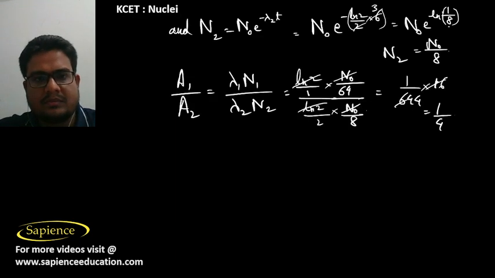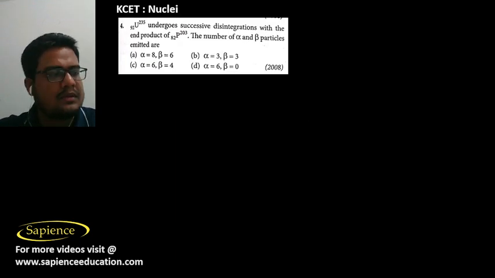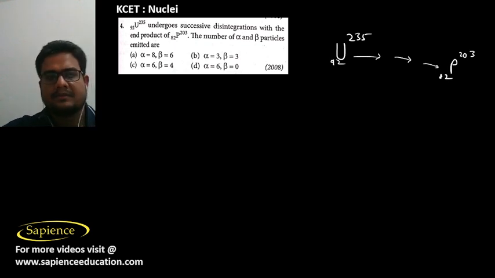Then in question number 4, it is told that uranium 235 undergoes successive disintegrations with the end product as lead 203, 82. The number of alpha and beta particles emitted are?